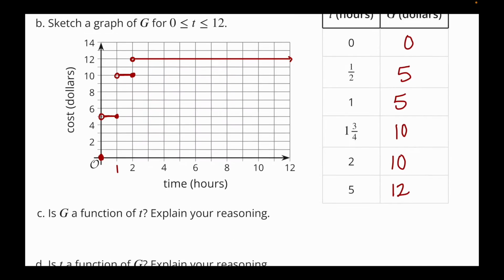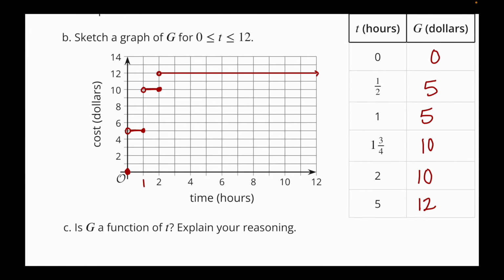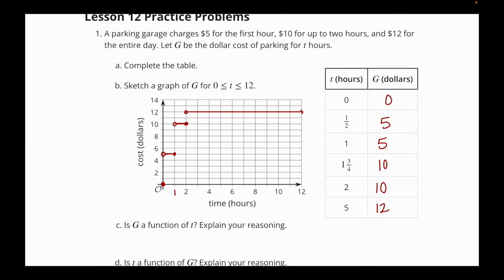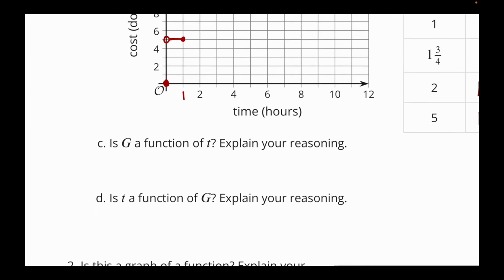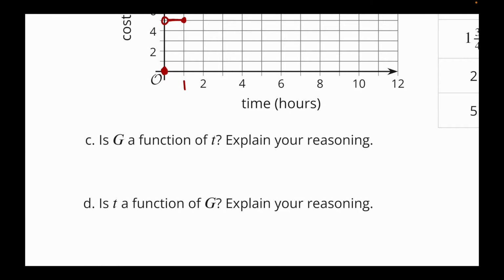So now let's actually explain, is G a function of T? So G was the dollar cost, so is dollars a function of time? Is G a function of T? That means dollars is a function of time.